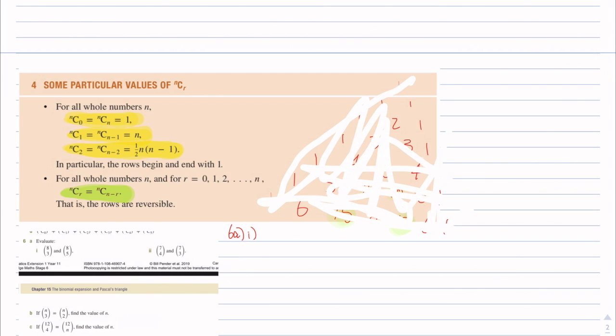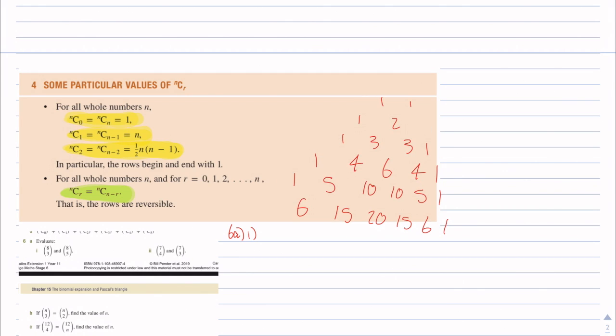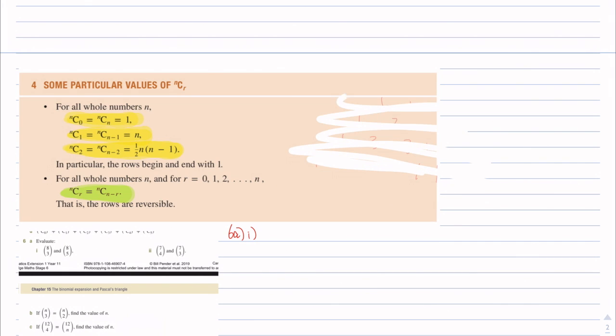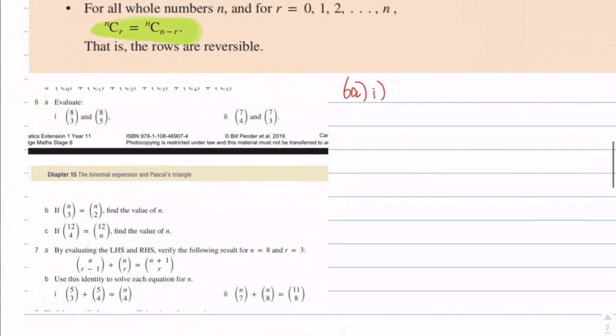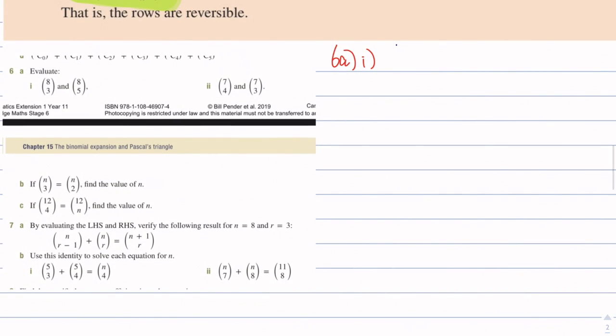So it's very useful. We're going to use that for 6a because they're saying evaluate 8C3 and 8C5.